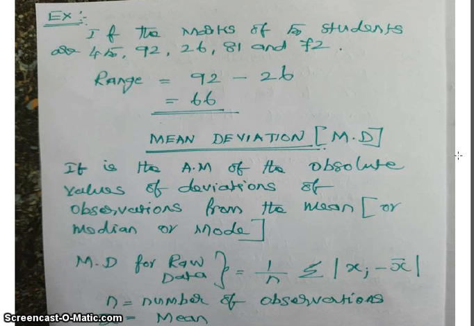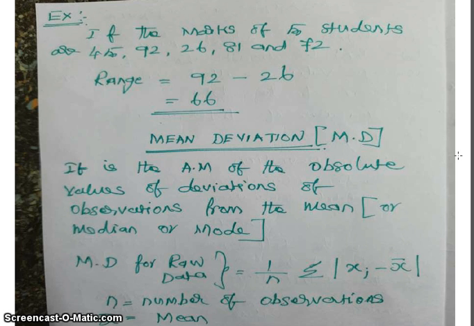Next measure is mean deviation. Mean is average. Mean deviation is the arithmetic mean of the absolute values of deviations of observations from the mean. So you have to calculate the mean value for the given set of data.